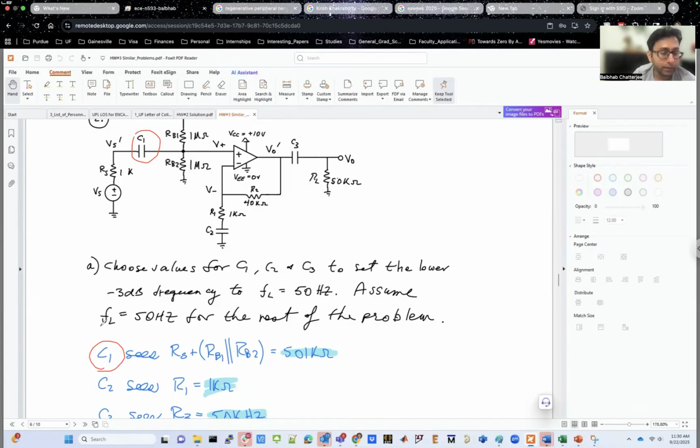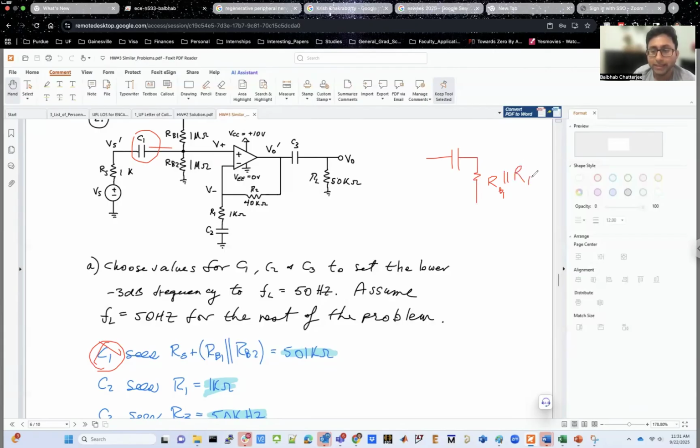But with a good relative amount of accuracy, if you just consider C1, what will C1 see on the right-hand side? Let me just draw one separately. So this is C1. Looking on the right-hand side, you will see RB1 in parallel with RB2. Why are we saying that these two are in parallel?